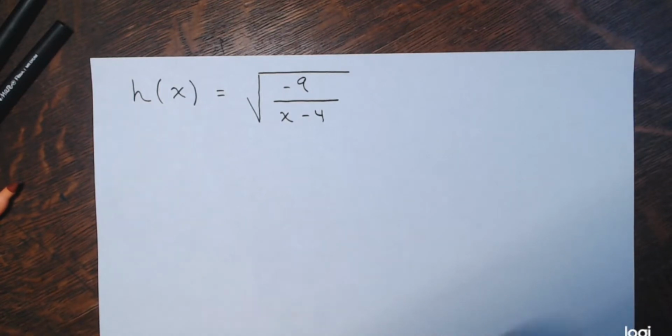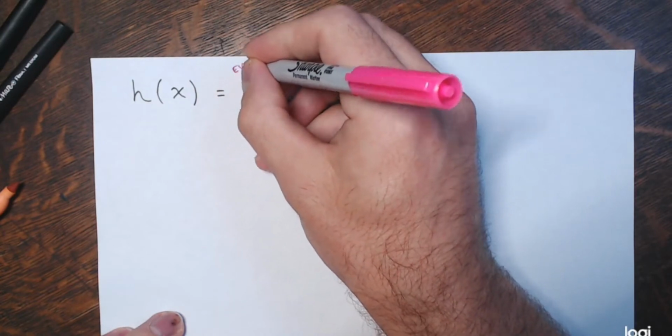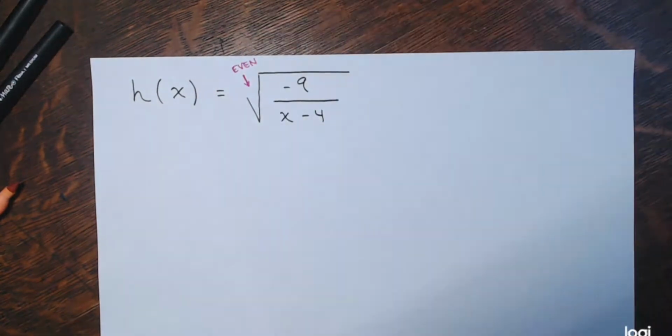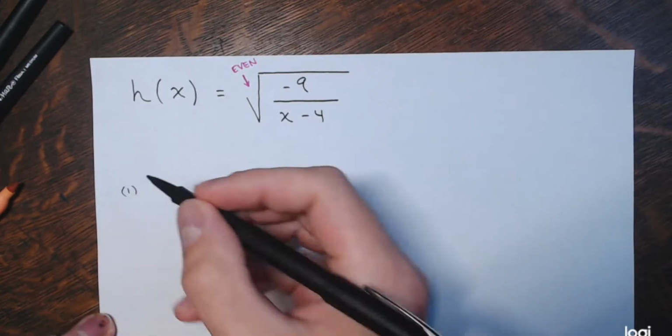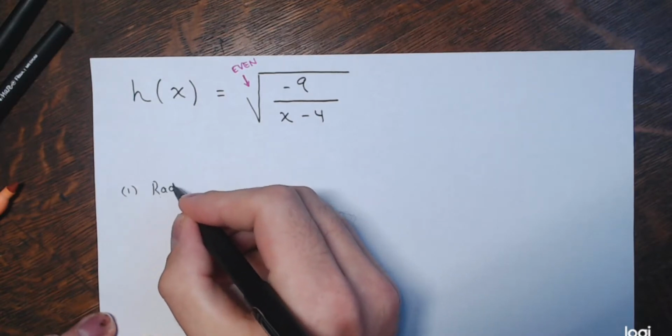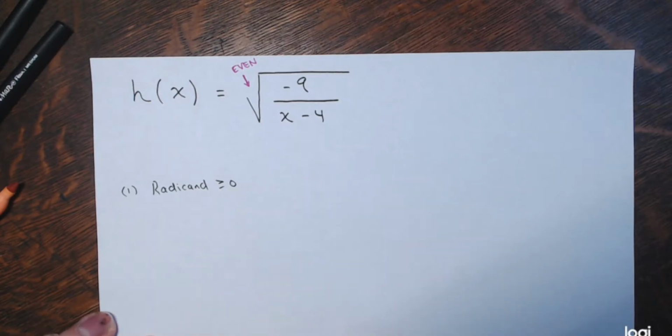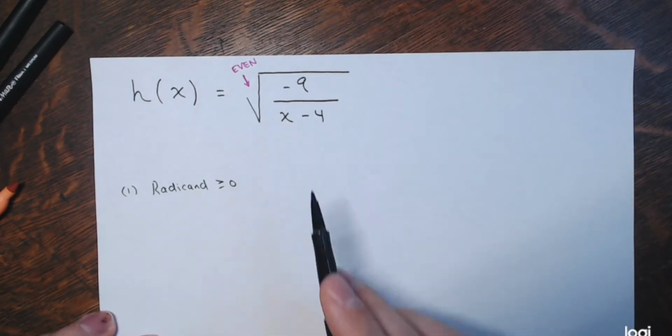One, this is an even root, a square root, so the radicand has to be greater than or equal to 0. The radicand can't be negative.